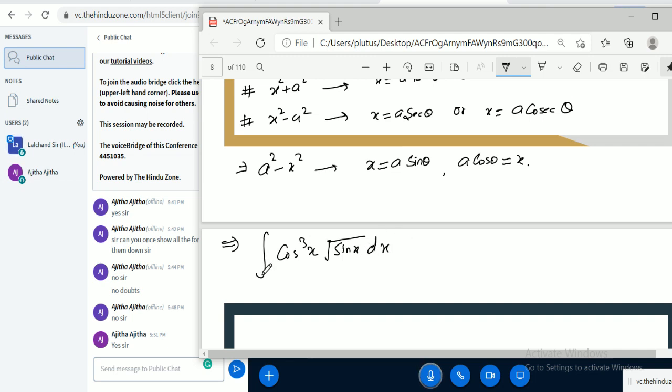So can you integrate this? Anjita, are you following up to this or not? Is there any doubt or problem? Are you getting my voice?